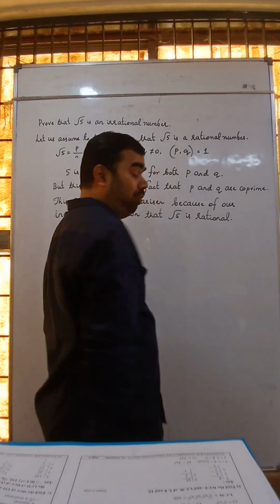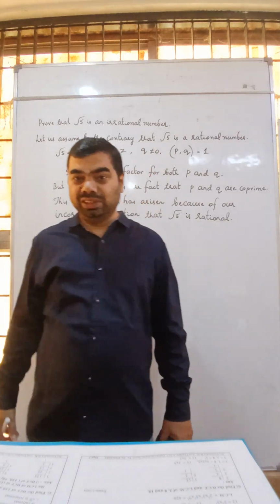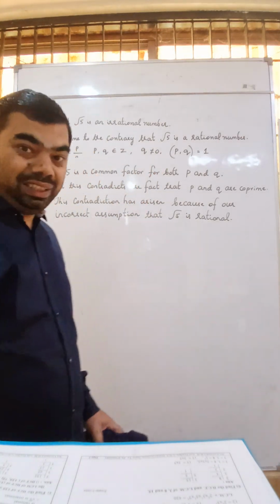So root 5, whatever we assumed in the initial stages, that root 5 is rational, that assumption is wrong.